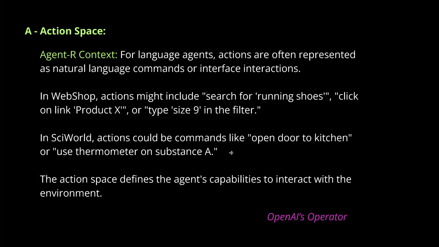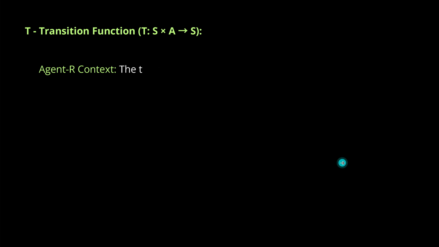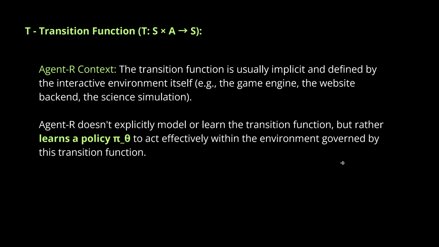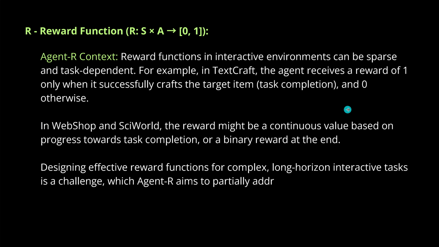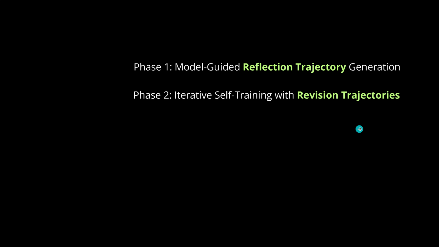If you give access to your computer, the OpenAI agent called Operator will have access to your functionality on your computer. This is the explanation of the observation space. This here is, in the context of Agent R, the transition function, and of course we need a reward function with the learning reflection.